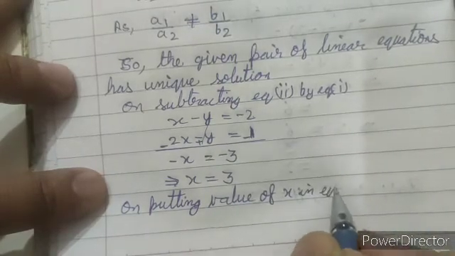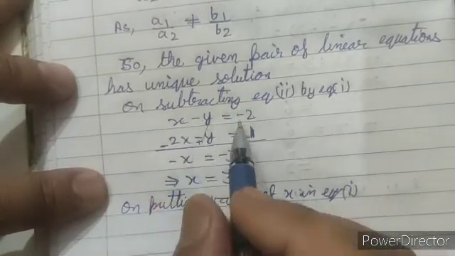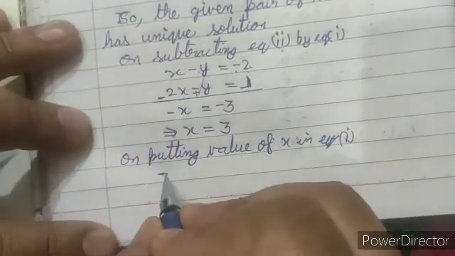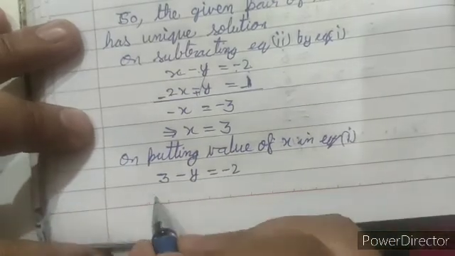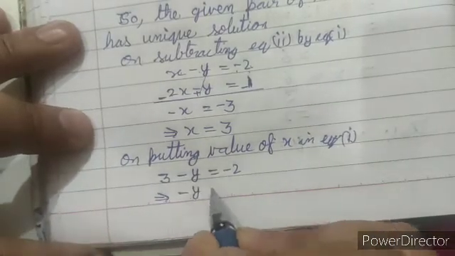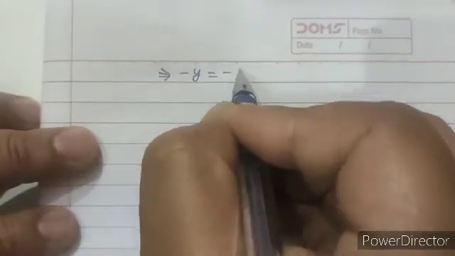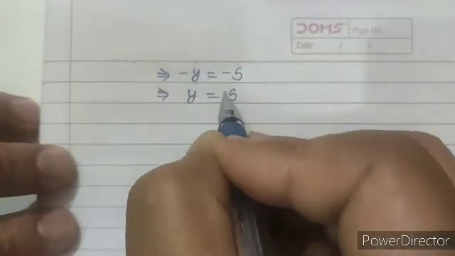in equation first, which was x minus y equal to minus 2, in place of x we will write the value of x, that was 3, minus y equal to minus 2, and that will give us minus y equal to minus 2 minus 3. This will give the value of minus y as minus 5, and that will be y equal to 5.